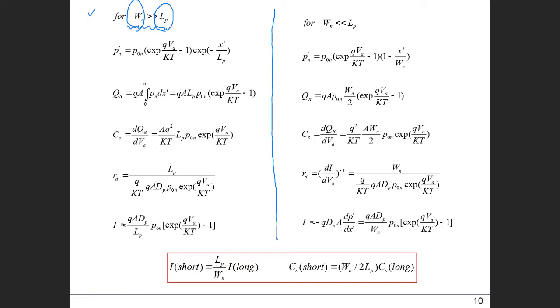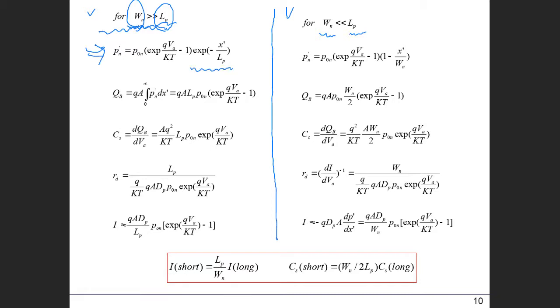And the right side is when WN is much smaller than the diffusion length of a hole in the N side. As we discussed, when WN is much larger than LP, our excess minority carrier concentration will follow this exponential decay.